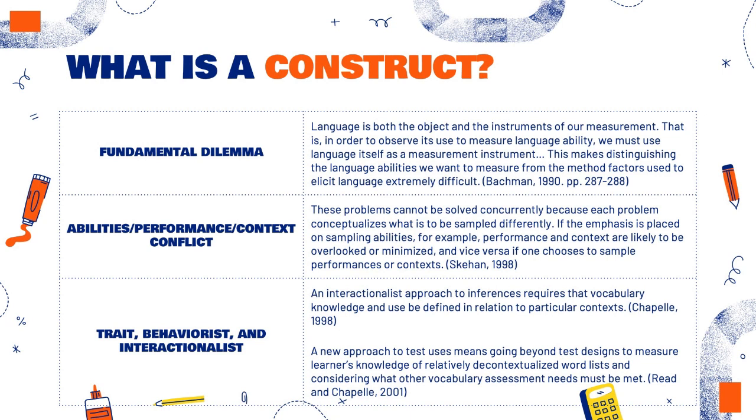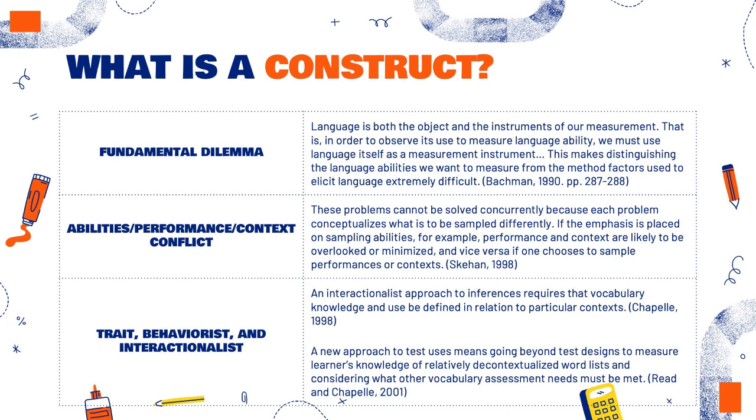Read and Chapelle 2001 present a framework for vocabulary testing that builds on and expands on their previous work, Chapelle 1994, 1998, and Read 2000. They present a vocabulary testing framework that connects test purpose to validity considerations from test design to validation.